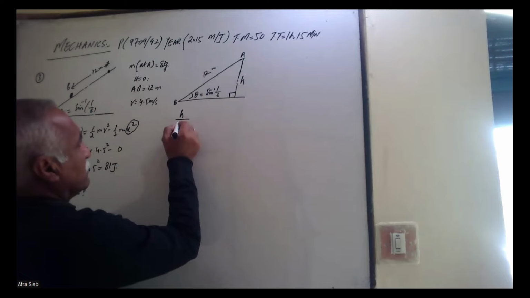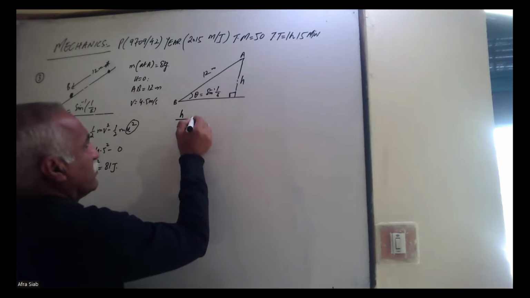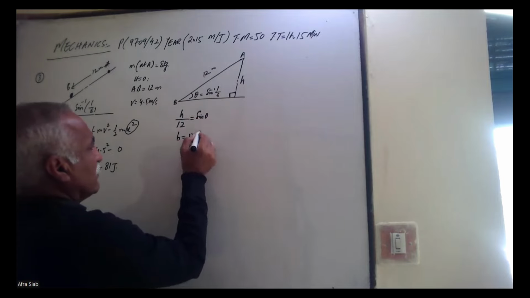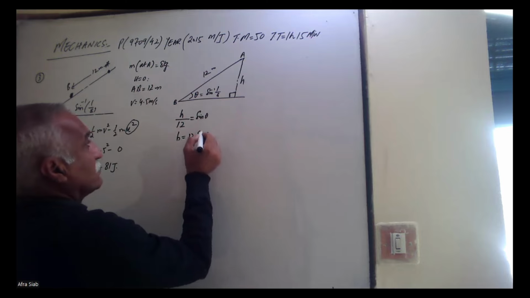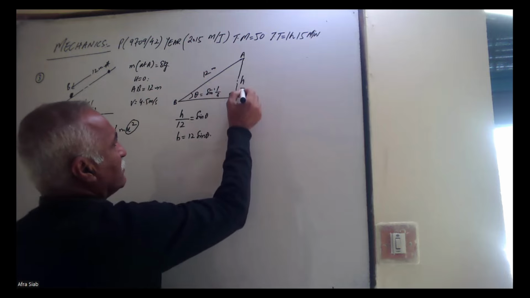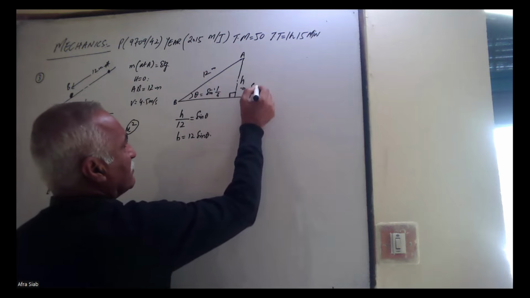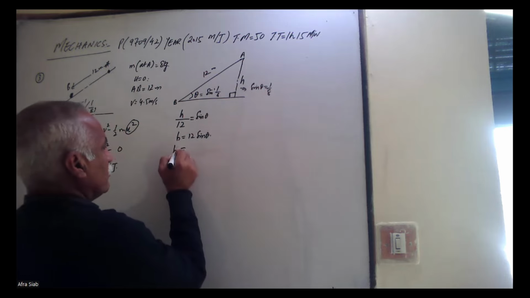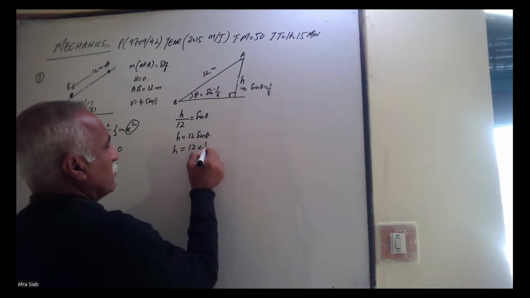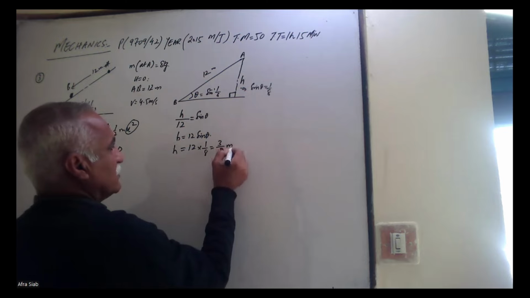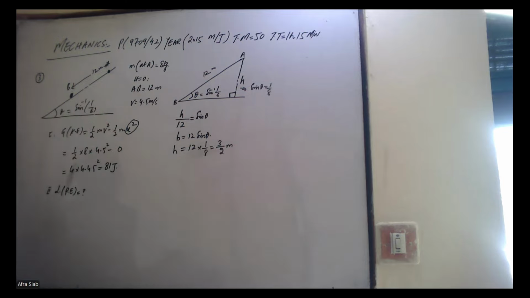H over 12, perpendicular over hypotenuse, is equal to sine of theta there. So H is equal to 12 sine theta. But here theta is equal to sine inverse of 1 over 8. So sine of theta is equal to 1 over 8. So H is equal to 12 into 1 over 8, and that is equal to 3 over 2 meter is the height. It has fallen from A to B there.